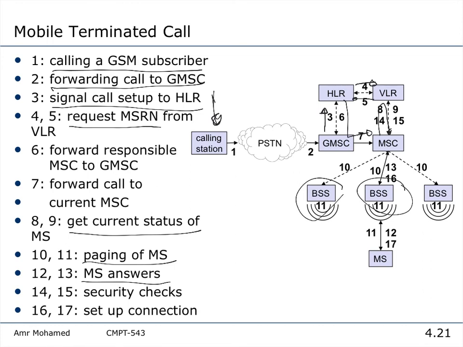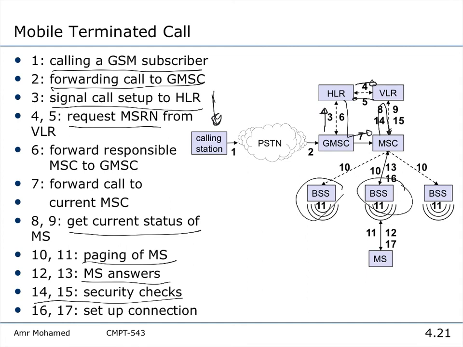As part of establishing the communication, I need to establish secure communication, which means that I need to handle the security issues. And this is part of 14 and 15. Okay? And then the call gets set up. So that's the sequence of trying to find one mobile station in a cellular network.